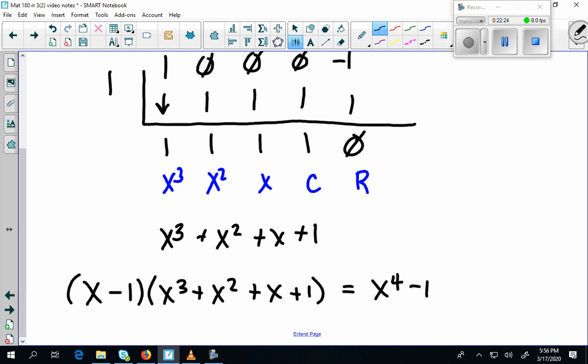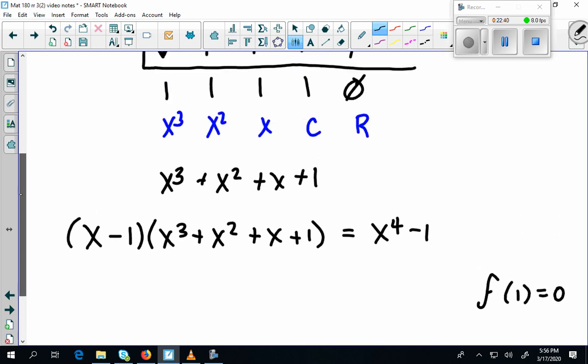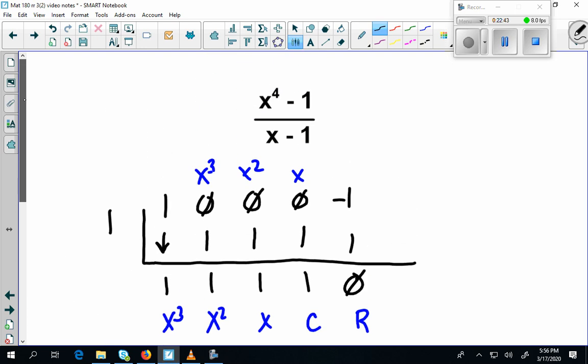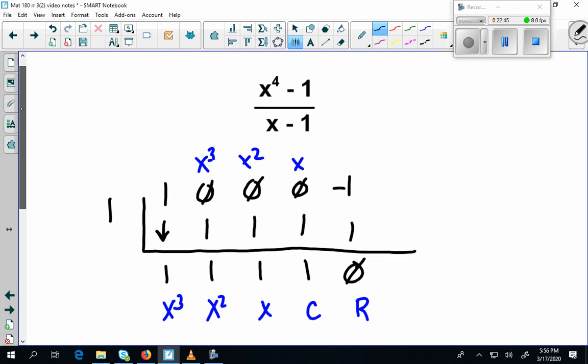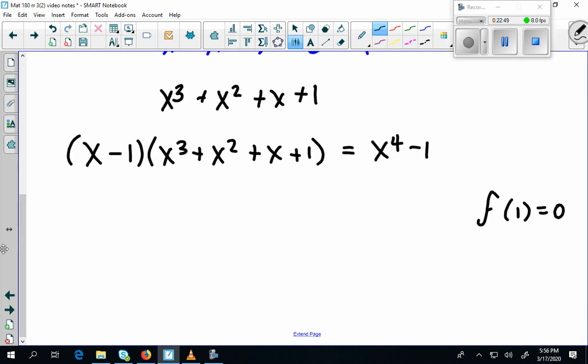And it also tells me, if I can still use the remainder theorem, 0 is a number, my remainder is 0, that tells me that the function of 1 is equal to 0. So 1 is a 0 of this function, x to the fourth minus 1. Whenever you put a 1 in, it will in fact be equal to 0. And you can even pretty easily see that.